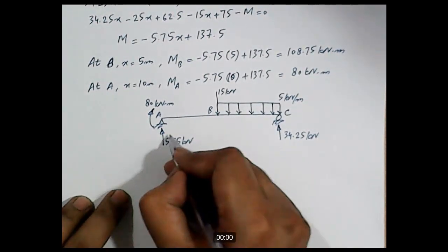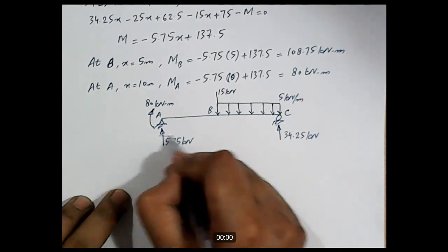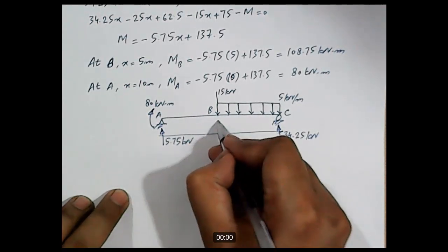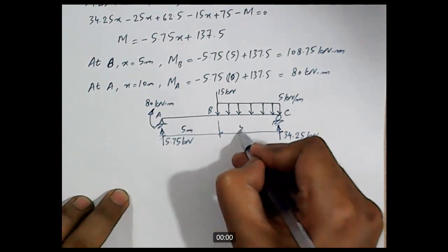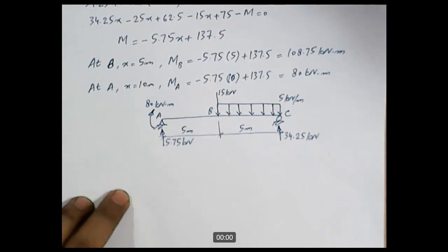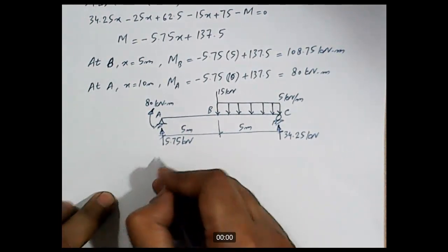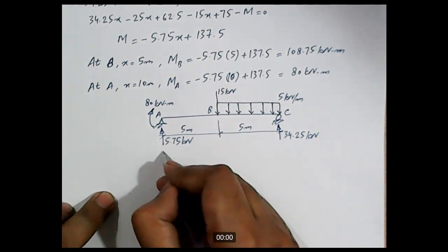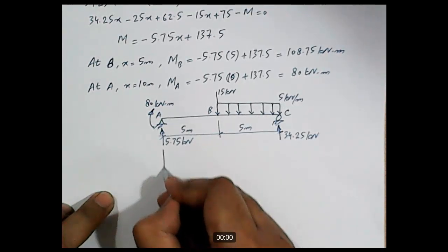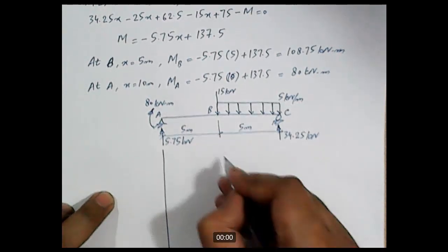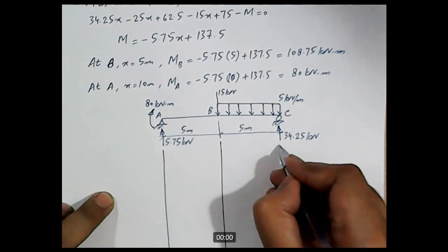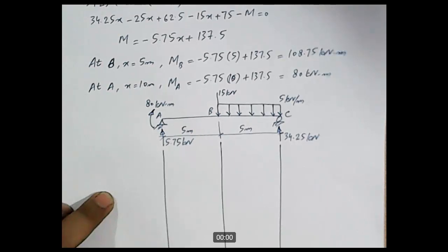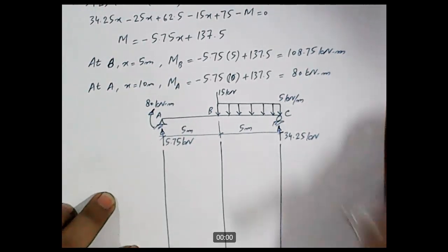Okay, and these distances are 5 meter and 5 meter. Now, in order to draw shear force diagram and bending moment diagrams, we need some guidelines. So let's draw the guidelines. Here are our guidelines.